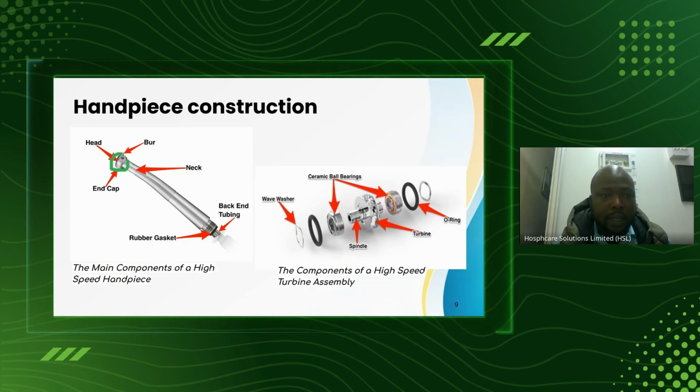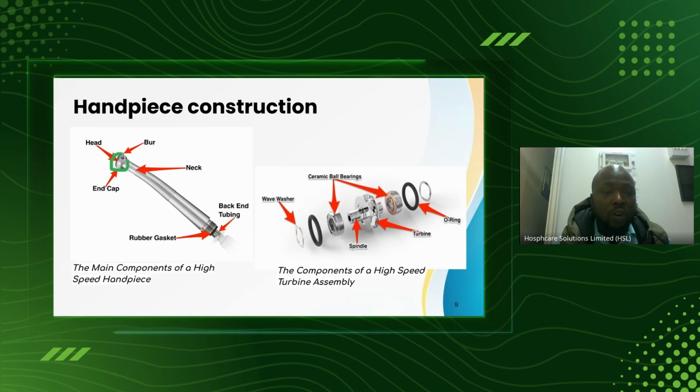Upon pressing of the end cap, the cartridge will open and then you insert your bur and release, and the bur will hold into place. So the moment you realize this cartridge is not holding the bur, you know the cartridge is faulty. It's a very dangerous thing, so you need to change the cartridge.